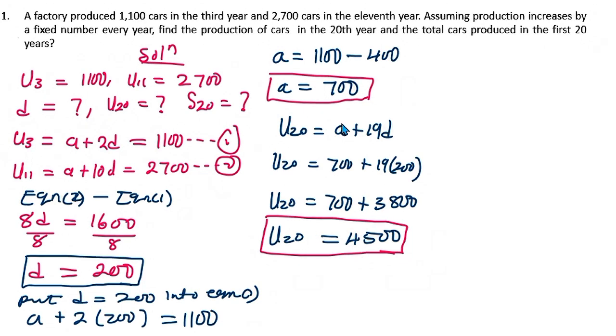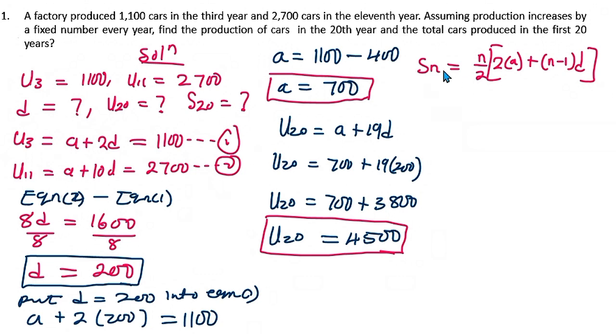Now moving on, the next thing we have to find is the total number of cars produced in the first 20 years. And we know that the sum of an AP is given by S of n equals n divided by 2 times 2 of the first term plus n minus 1 times the common difference.